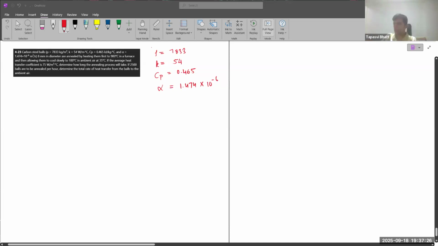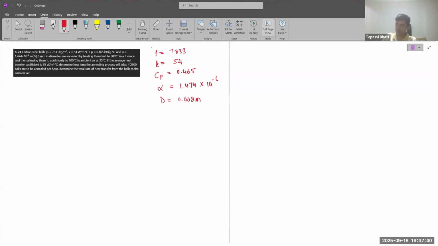So density, thermal conductivity, CP, alpha, carbon steel balls, and they have a diameter. Okay, so D is 8 mm, 0.008 meters. They are undergoing annealing by heating them first to 900 degrees Celsius in a furnace and then allowing them to cool slowly to 100 degrees Celsius in ambient air at 35 degrees Celsius. So the question is giving us a lot of info directly.